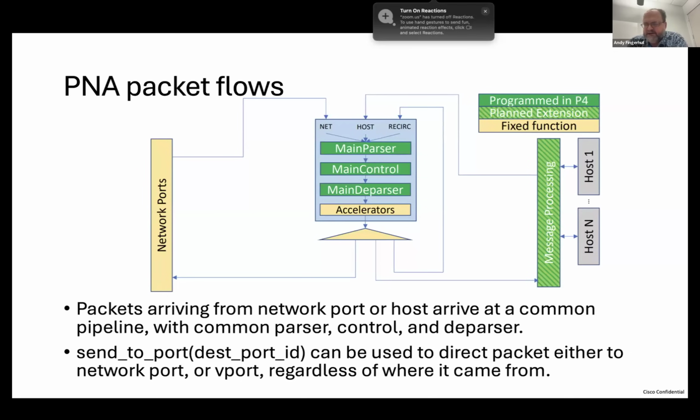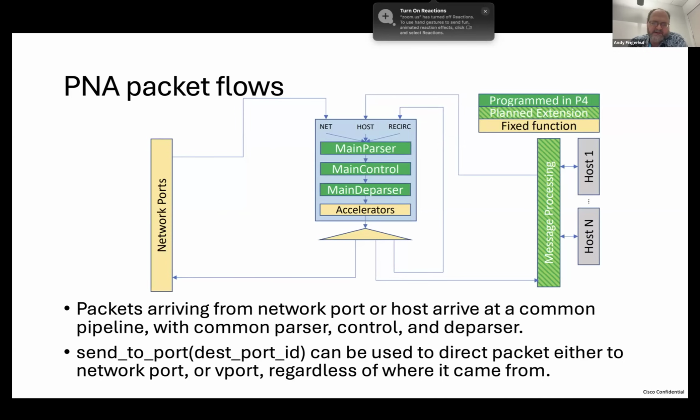There's no ingress and egress split like we see in the earlier architectures. But there is this familiar parser, control, and deparser sequence. And then there are the accelerators afterwards. Packets, whether they come from the network interface or from the host, go to this common pipeline. Then the pipeline can choose where they go next, either recirculating through the loopback path you see, or going to the network port or the host afterwards.